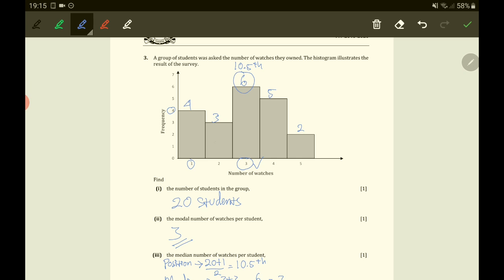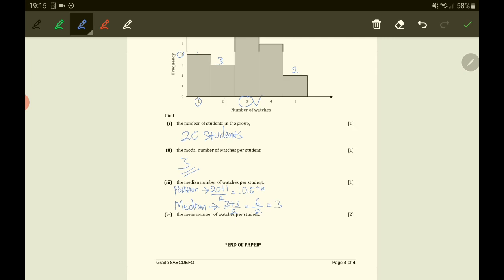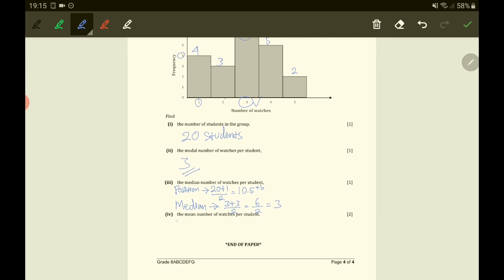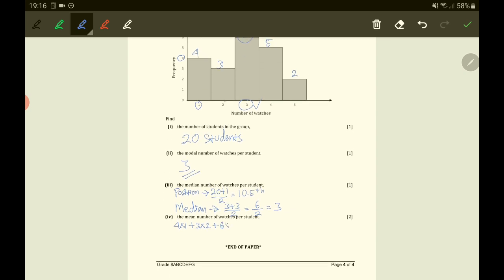Then 3 times 2, 6 times 3, 5 times 4, 2 times 5, and you add them together: 4 times 1 plus 3 times 2 plus 6 times 3 plus 5 times 4 plus 2 times 5.